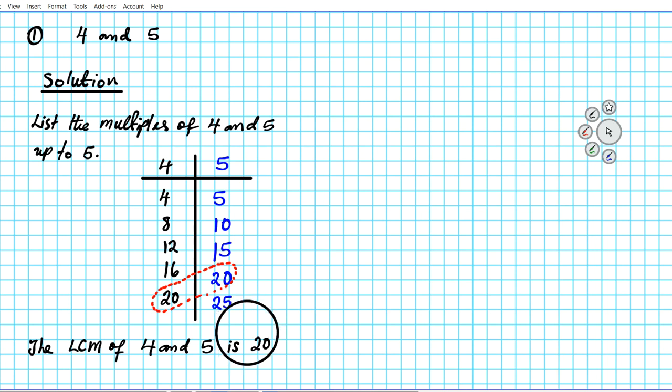You might wonder, okay, what's the significance of finding the LCM? Well, the main objective of this entire unit is adding and subtracting fractions, and the principle of LCM, least common multiple, is extremely important.